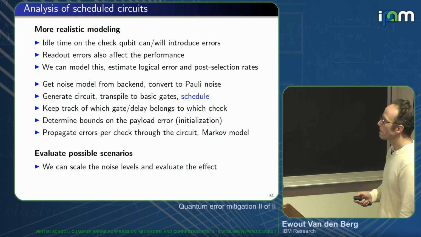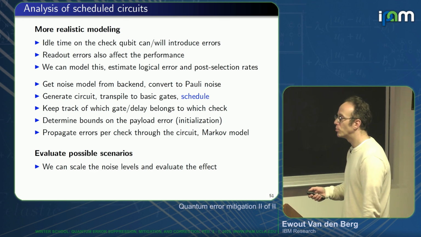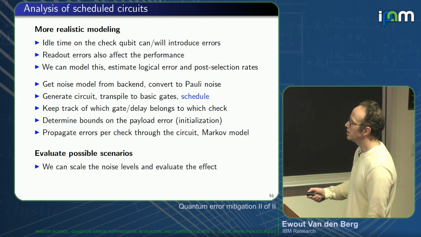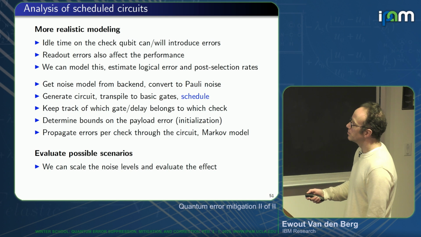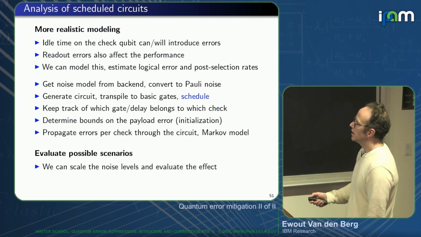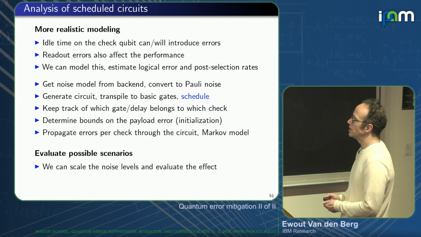Especially if the circuit is very long, a very deep Clifford circuit, then this may deteriorate the performance. So to analyze this in more detail, really pinpointing this to the idle time, we did another, more realistic modeling of the circuit. First of all, you also add readout errors and the idle time. And once you've modeled this, you can then evaluate the logical error rate and post-selection rate.